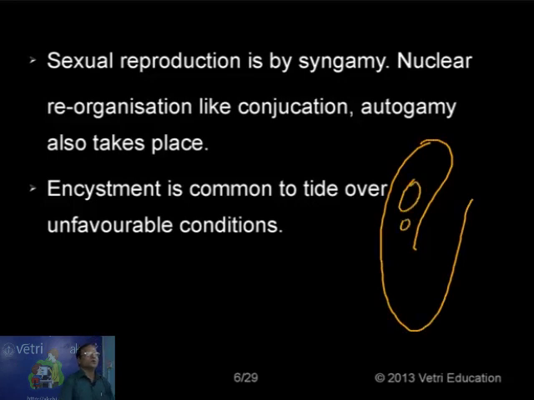It is a union of the nuclei of the same organism. So it is another method in special cases. Conjugation normally does not occur during favorable conditions. It occurs only during unfavorable situations.